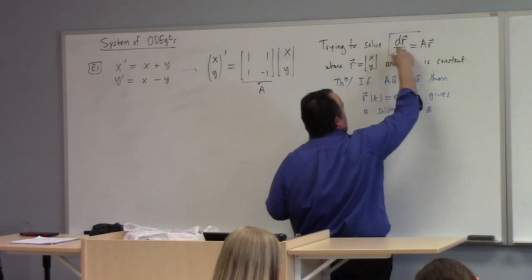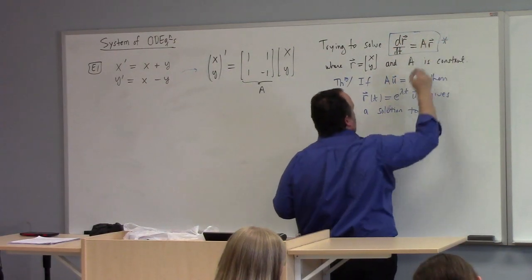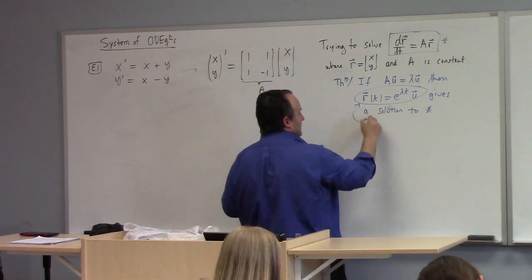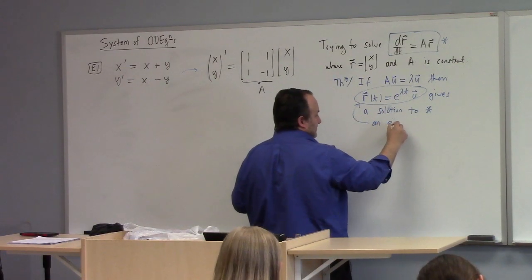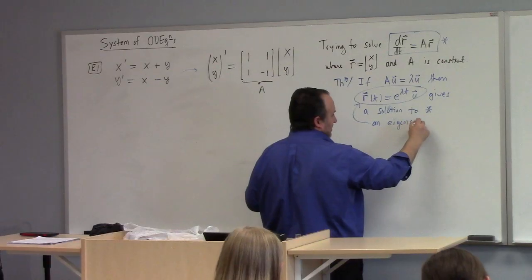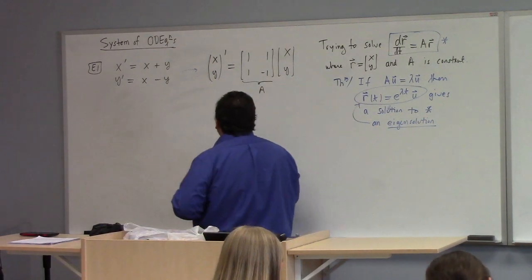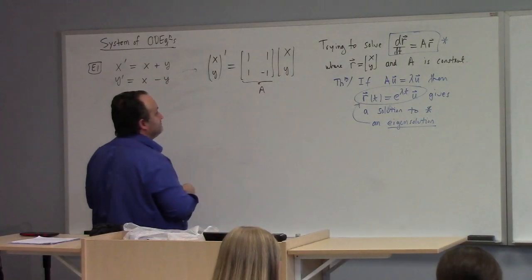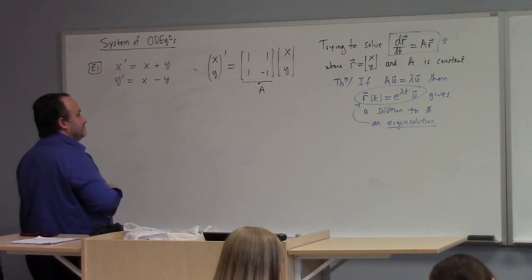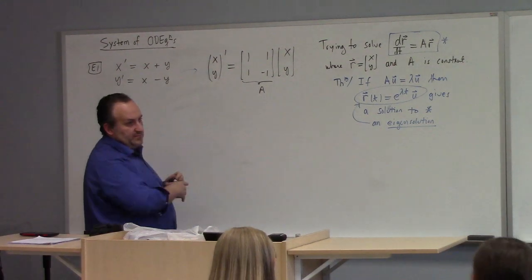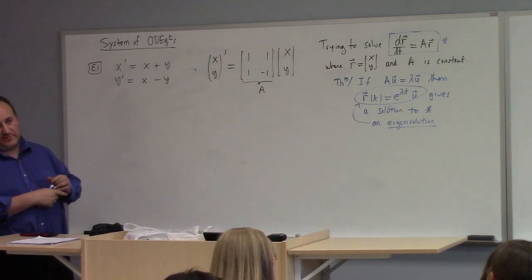This is what I'm calling star, all right? And this kind of solution I will refer to as an eigensolution. Okay, so let's use that theorem. I will justify it second.